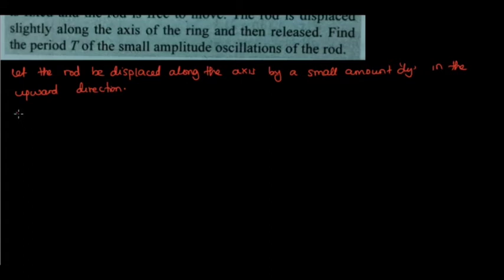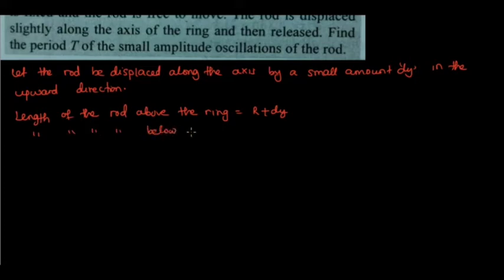So I can write that the length of the rod above the ring will be r plus dy, and the length of the rod below the ring will be r minus dy.